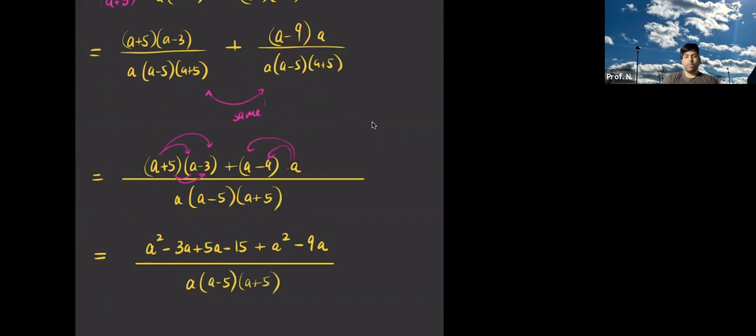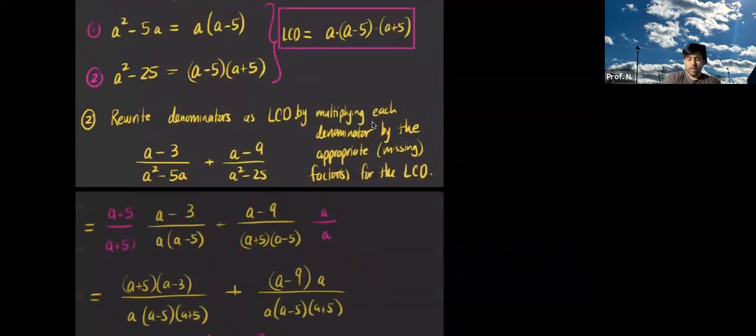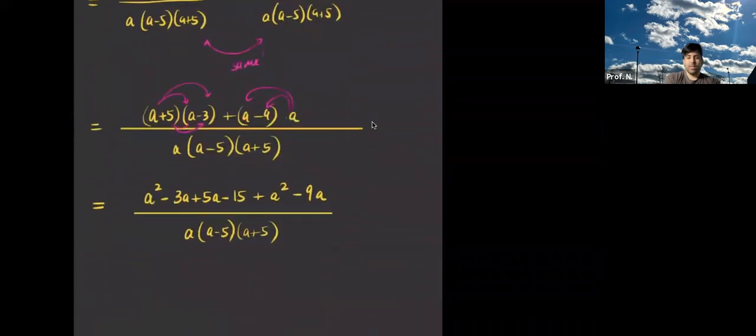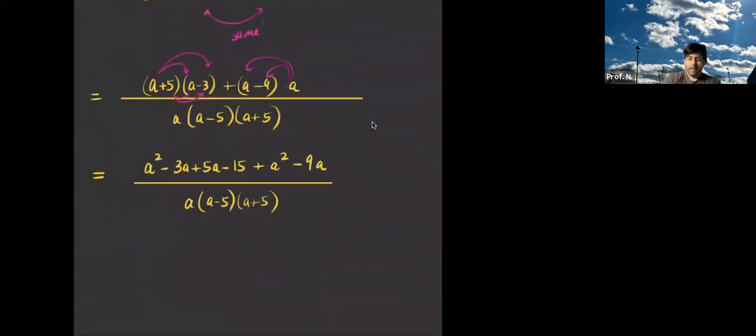I'm pretty sure you guys are missing multiplying and dividing, aren't you? You see now this is just one problem. We're not even done yet. But this is all the work that it takes to add two rational expressions together. And now we have to combine like terms. So we have a squared, that's 2a squared.